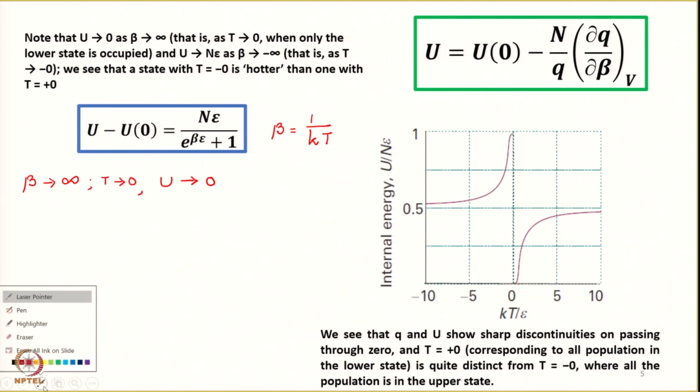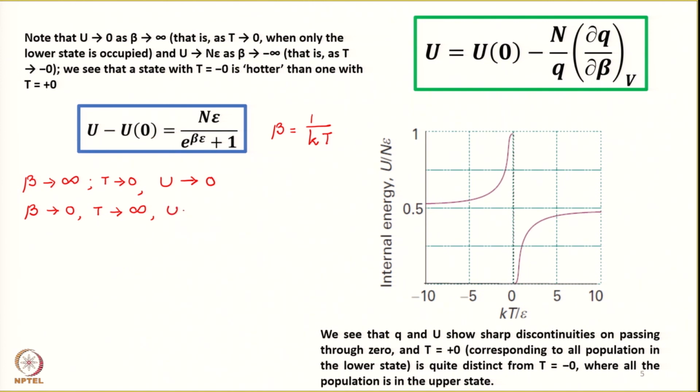Okay, now let us consider the next extreme, when beta approaches a value of 0. That means T is approaching a value of infinity. In that case, what will be U minus U0?